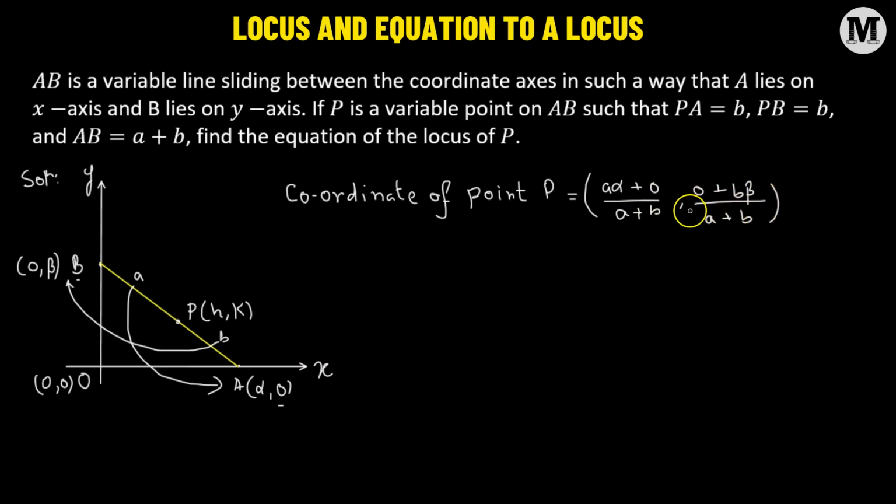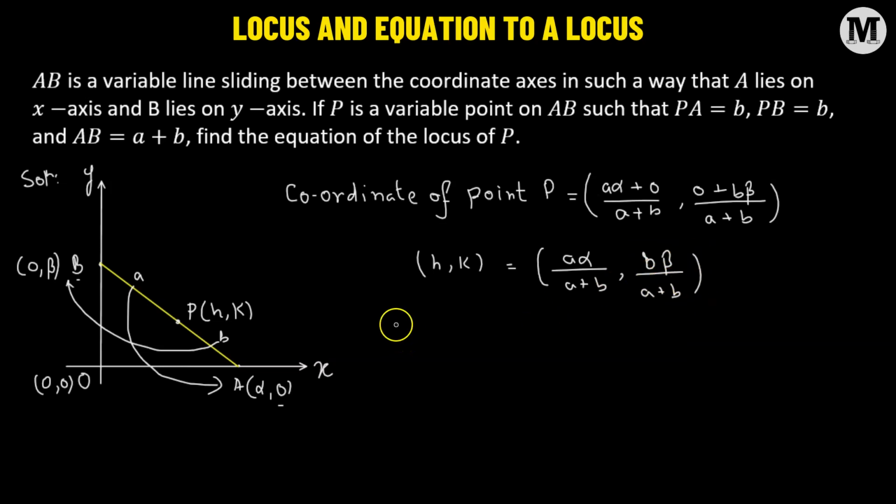Fine. Now we have the coordinates of point P, but we have already assumed that the coordinates of point P are h, k. So (h, k) is equivalent to (a alpha over a plus b, b beta over a plus b).